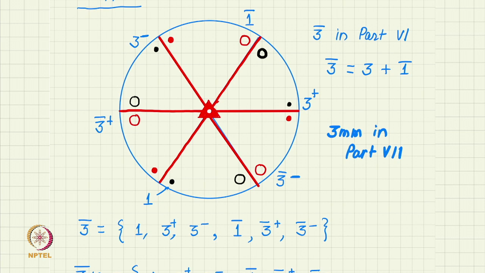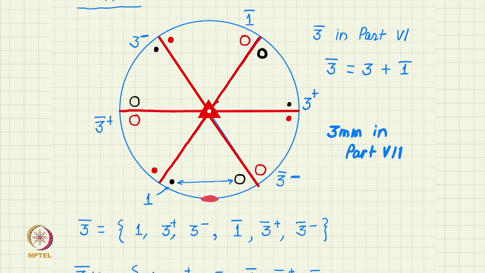Now, notice that some new symmetry operations have been generated. What are they? For example, this black dot above the equatorial plane is related to this black circle below the equatorial plane, and it can be taken there by a 2-fold rotation located there.